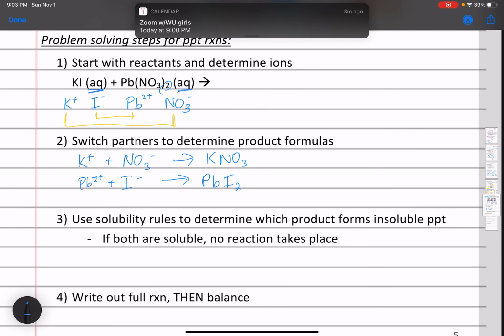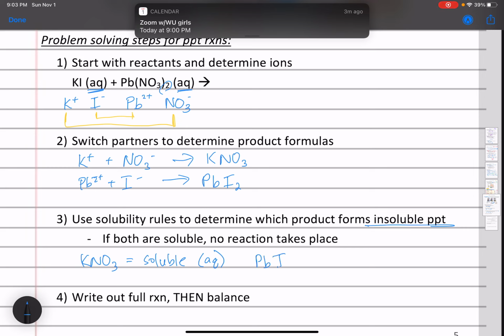But we also need to know which one of these products forms the precipitate, which one is insoluble. For KNO3, we use the solubility rules. Potassium is a group 1 element and it's always soluble. Nitrates are also always soluble, so this one is definitely soluble and will be aqueous, dissolved in solution.